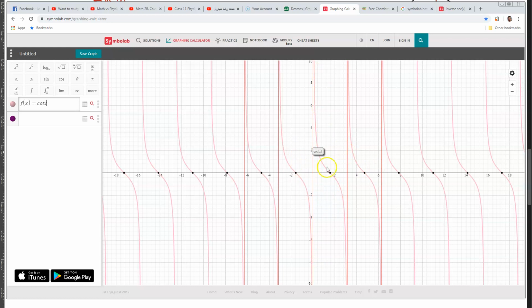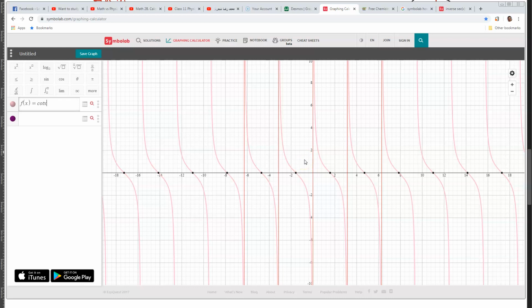And thus the cotangent inverse function can be defined as a function whose domain is the set of real numbers, and the range as any of the intervals that we discussed before. So these intervals give different branches of the function cot inverse.